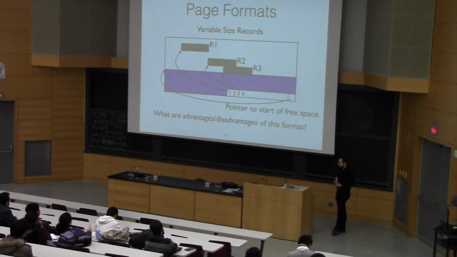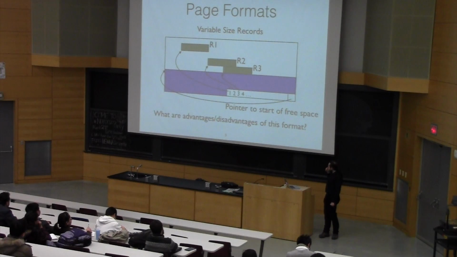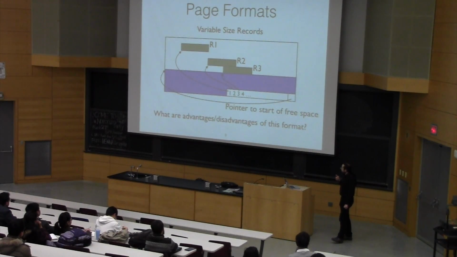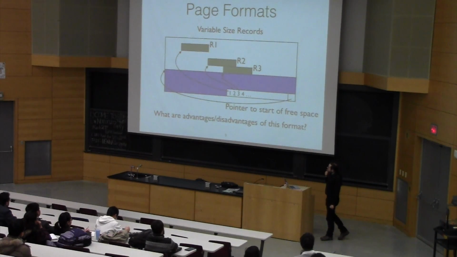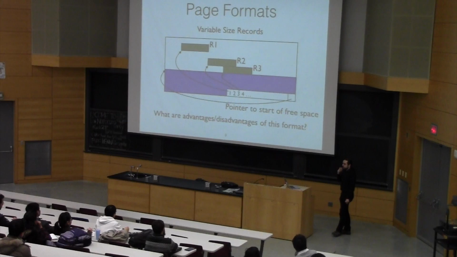Now, there's a couple of different ways of going about this, but you'll note that if I just keep track of where every record starts and where every record ends, it gets progressively harder and harder to allocate new record slots in this format.